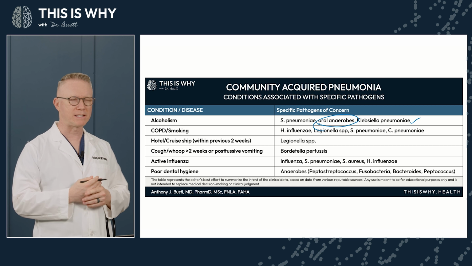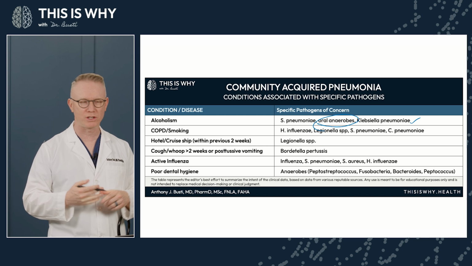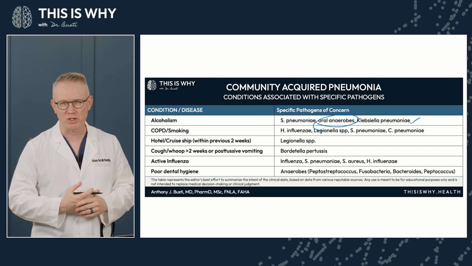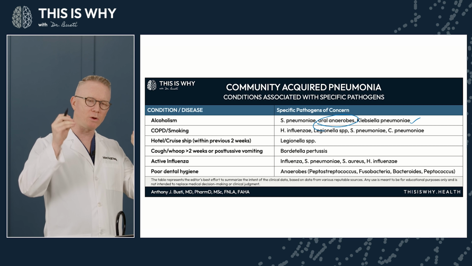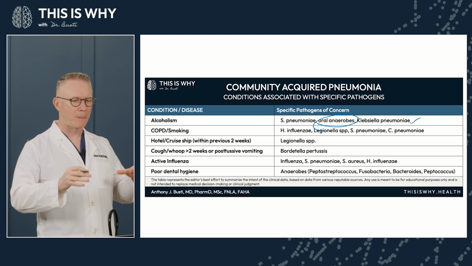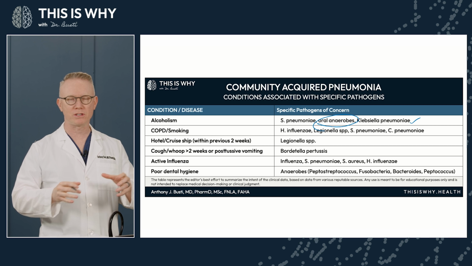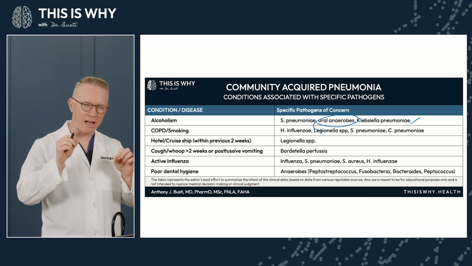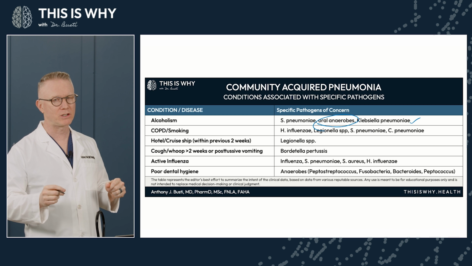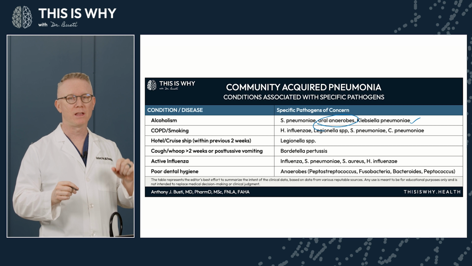This is one of those classic board exam questions, where they'll describe currant jelly sputum scenarios. For those of you studying for tests or board exams, you'll see those key words, things that help you consider the addition of empiric therapies that do cover that.